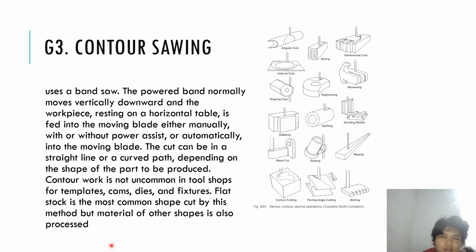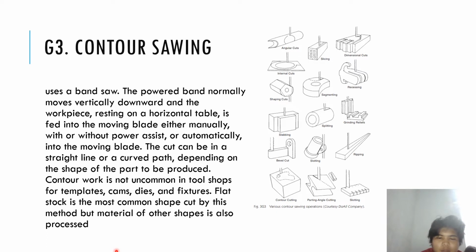Contour sawing uses a band saw. The power band normally moves vertically downward and the workpiece resting on a horizontal table is fed into the moving blade, either manually, with power assist, or automatically. The cut can be in a straight line or a curved path, depending on the shape of the part to be produced.